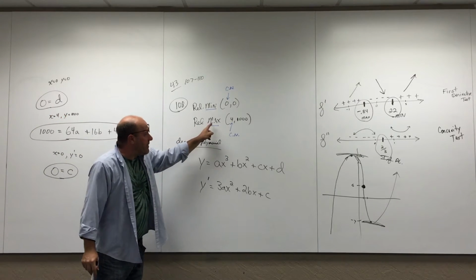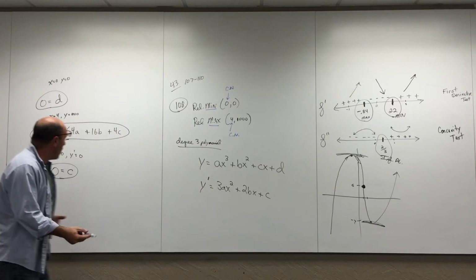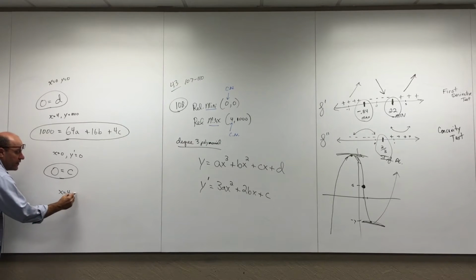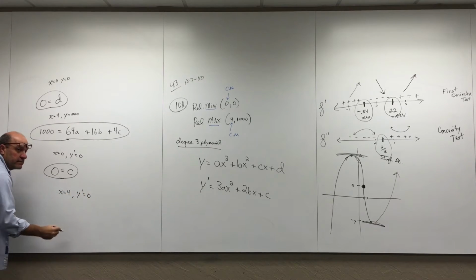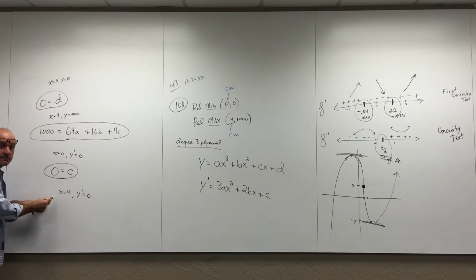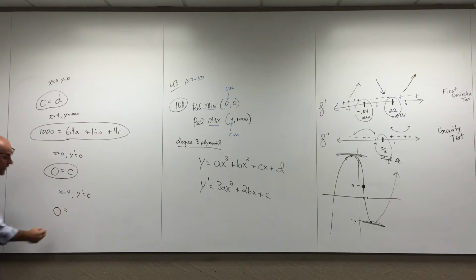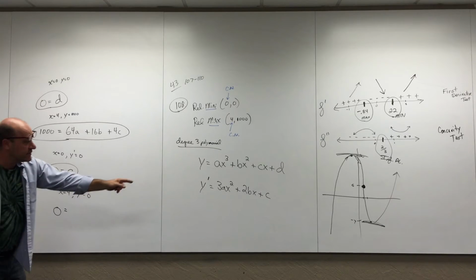Also, at this max, when x is 4, what do I know about the derivative? The derivative is 0 because it's a max. So it's a critical number, and the derivative is 0 when I plug in a 4 for x.